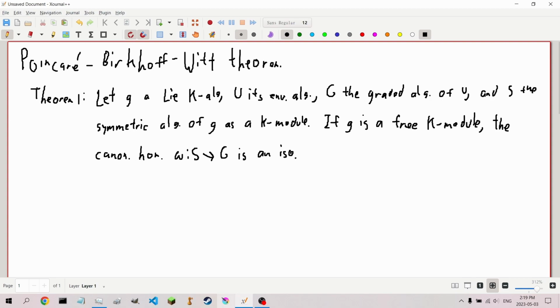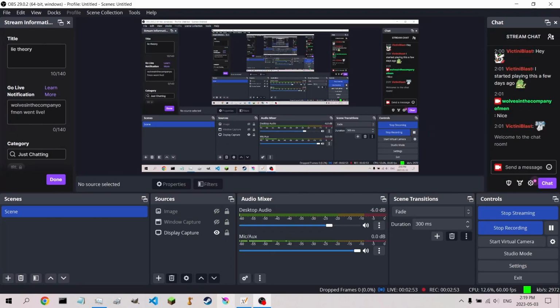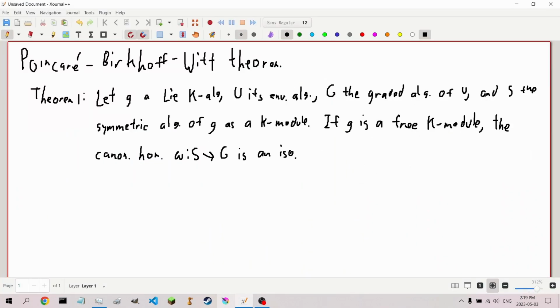And also, I'm pretty sure we're going to have a bunch of setup theorems first, so I'm pretty sure this is just one of those.